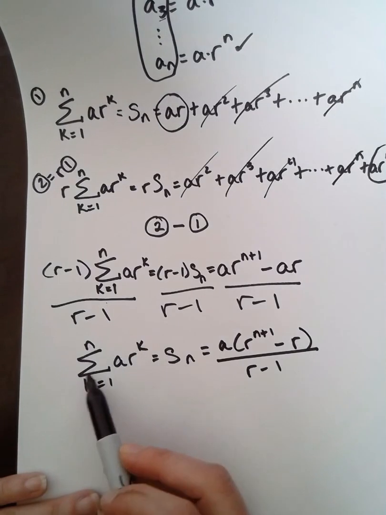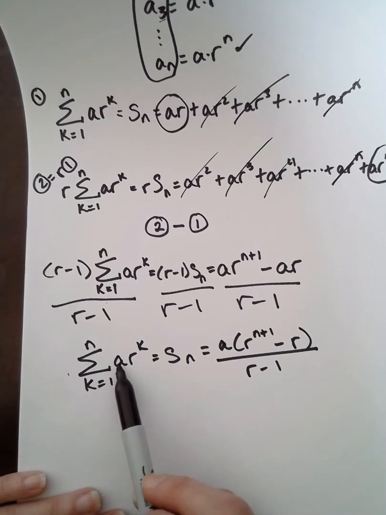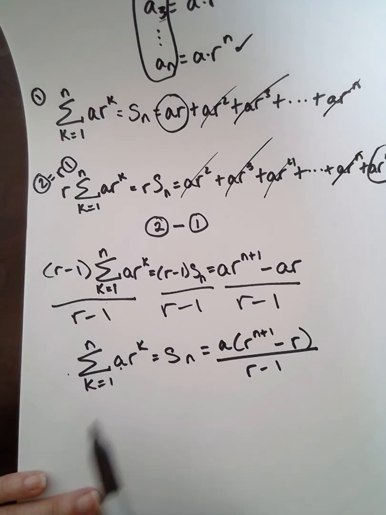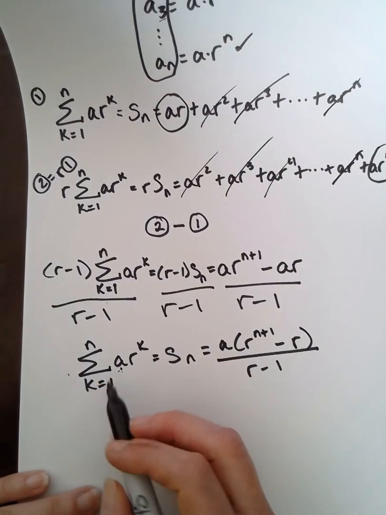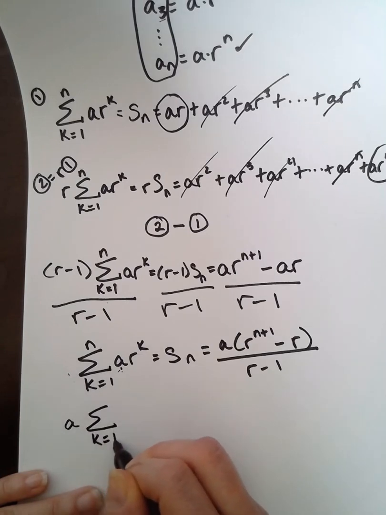If you remember your rules of summations, we can factor out that a since we don't have an index working on it. So this can be rewritten as a times the sum.